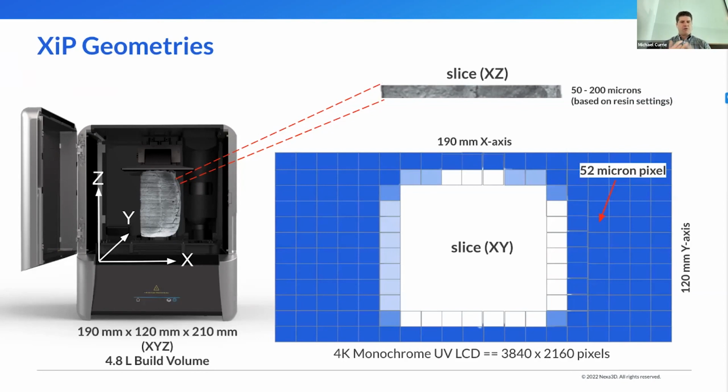This is done with an LCD by basically telling the LCD to partially block the light and use the different grayscale tones it has. Or in the DLP sense, it's done by pulse width modulating your laser light and basically having a duty cycle of how long the light is actually shining at the layer. And this gives you the ability to create sub-pixel resolution.